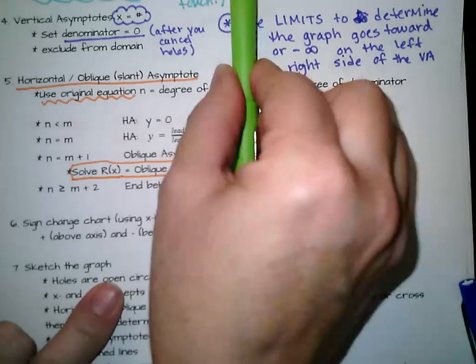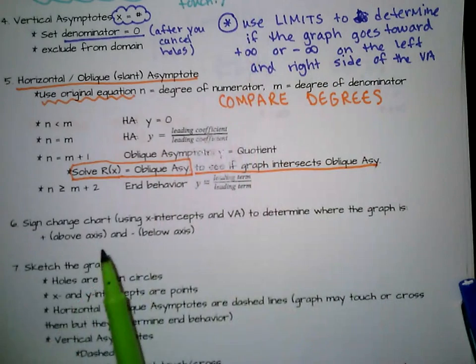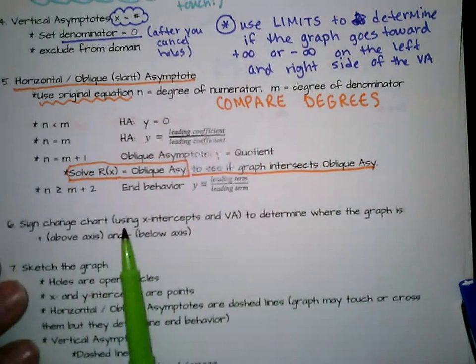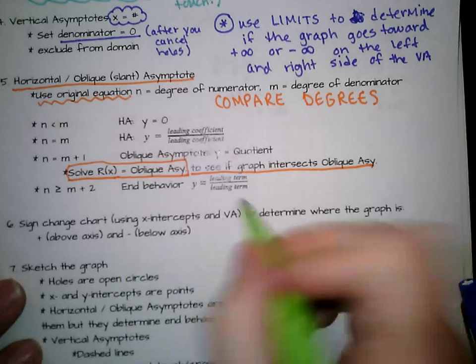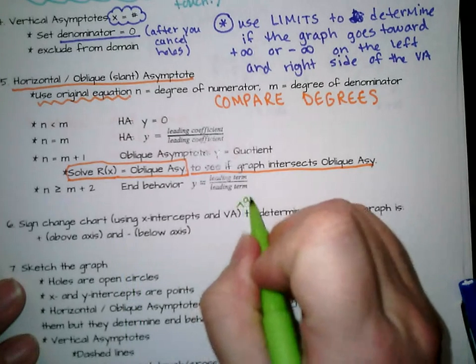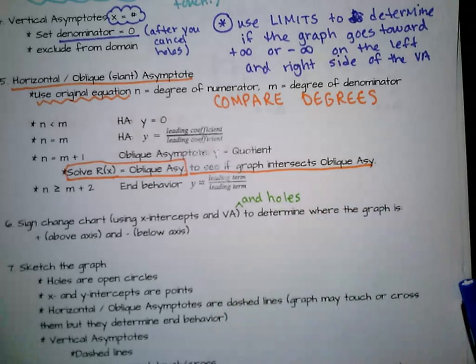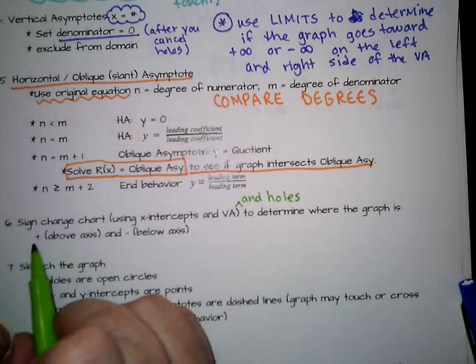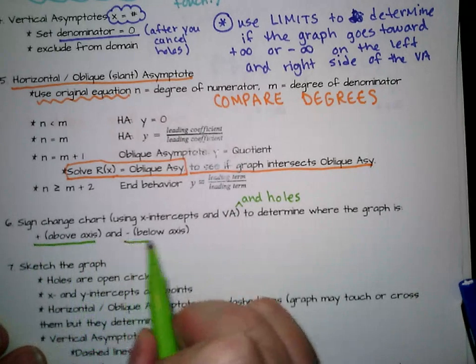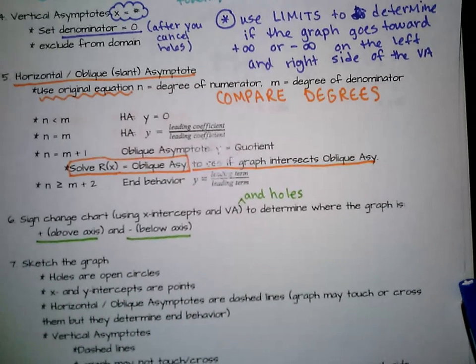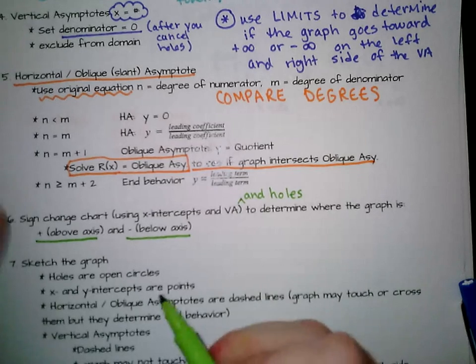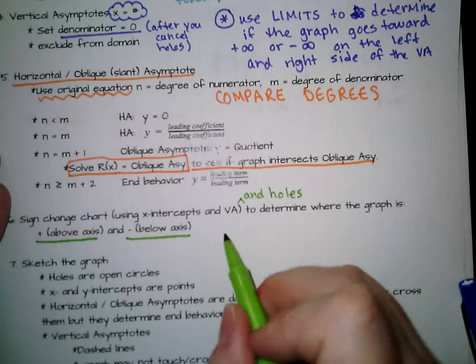So we need to check crossing spots using x-intercepts and vertical asymptotes, and holes, to determine where the graph is positive, which would be above the axis, and negative, which would be below the axis. We're going to do that by setting up a test chart.